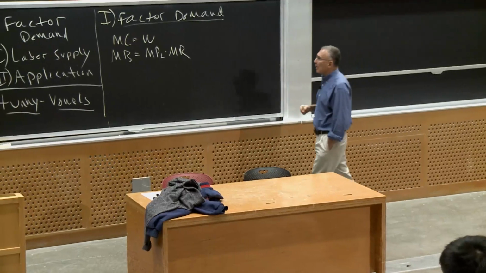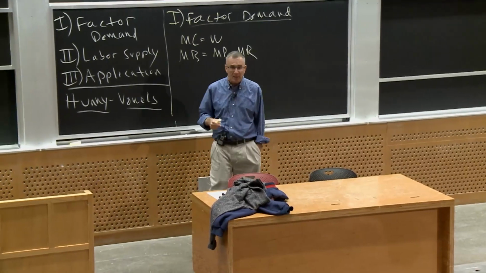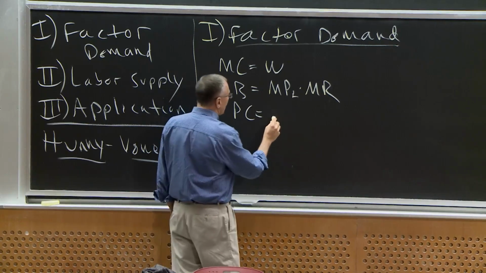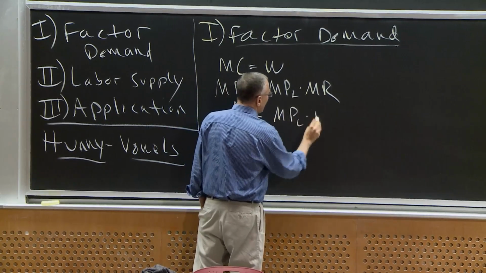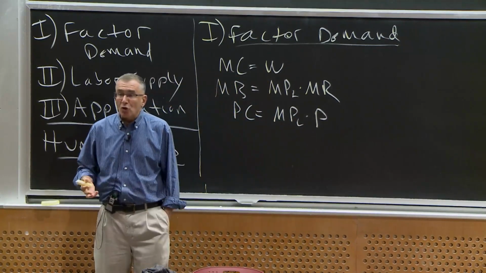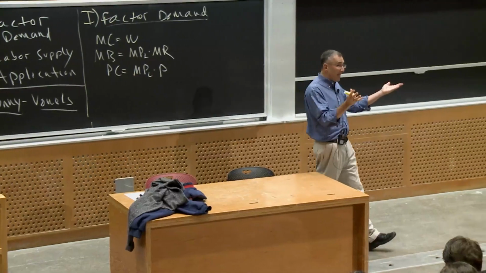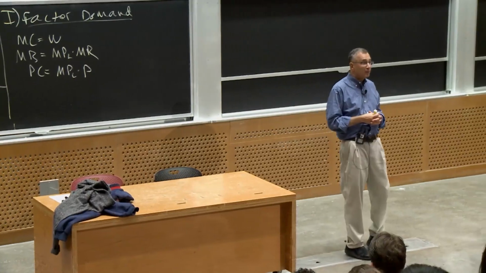So think about this in a simple case, a perfectly competitive market. In a perfectly competitive market, the marginal benefit of a unit of labor is the marginal product of labor times the price. So what's another unit of labor worth? It's worth how much that worker can produce times how much I could sell it for.